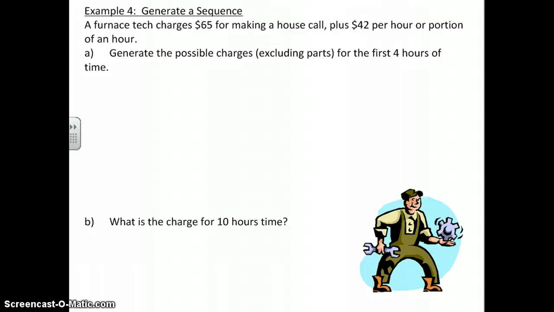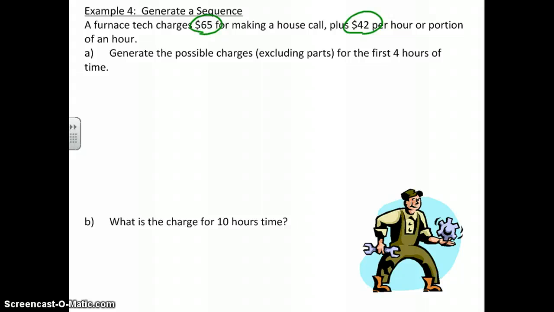So looking at this, what's the actual first term? He charges $65 for making the call, and then when he comes to your place, he's already coming for part of an hour. So the first hour isn't $65.